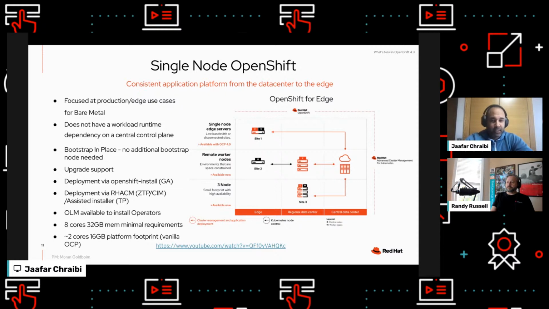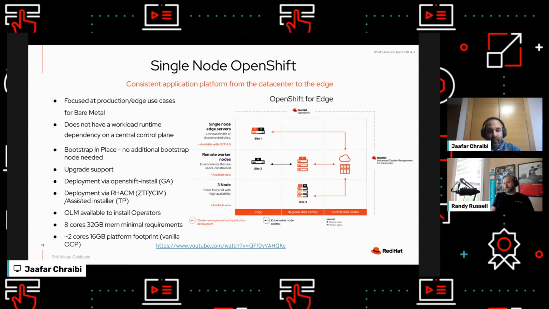Doing this on the same machine was not easy to handle, but thanks to our wonderful engineers, they've been able to work around that and have a single node OpenShift that not only does the bootstrap as before, but once everything is loaded, it reboots and becomes a master/worker node. So it builds itself, basically. Exactly. A self-installing machine. We will talk about the installation process just a bit later.